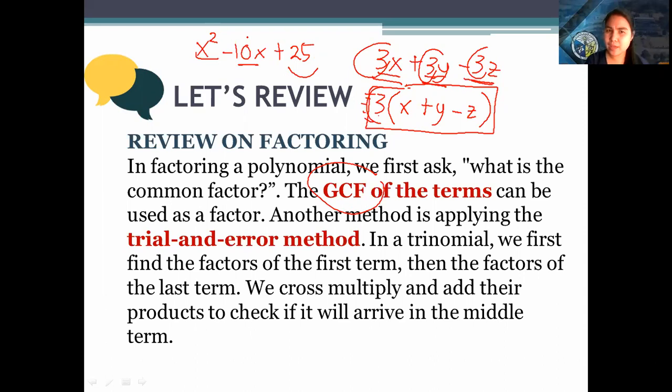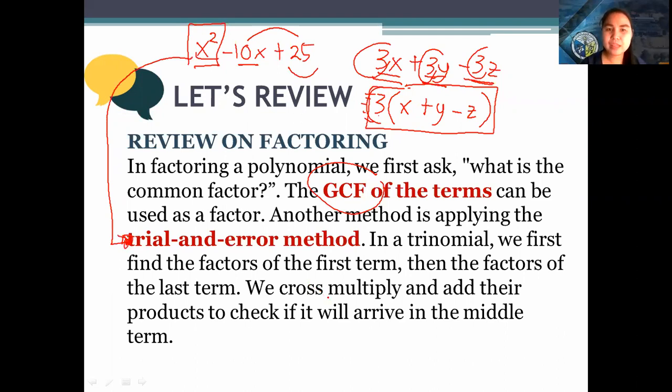Or you might think, is 5 the common factor? But the first one does not have a factor of 5. So what is the GCF? In that case, if all the terms do not have something in common, then we do the trial and error method. That's what I will teach you today.